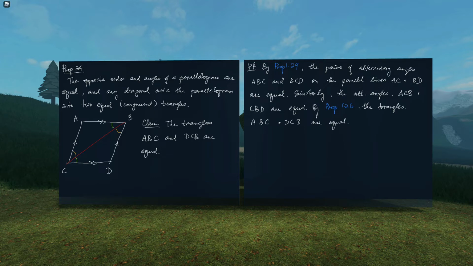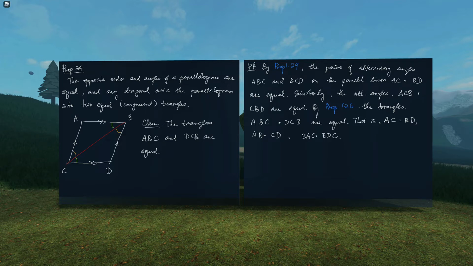Okay, so therefore, AC is equal to BD, AB is equal to CD, so these are opposite sides, and the angle BAC is equal to angle BDC.